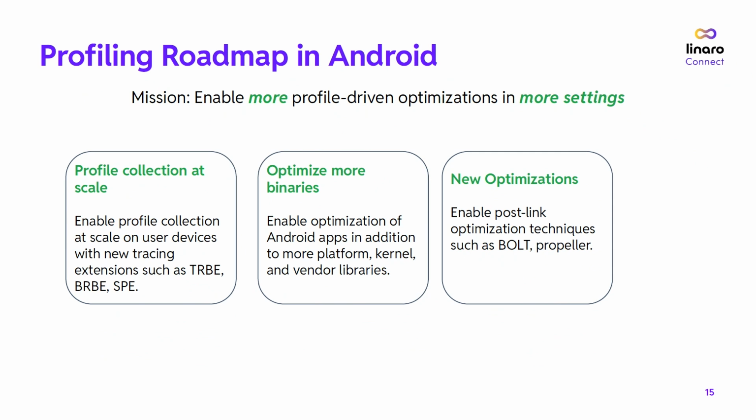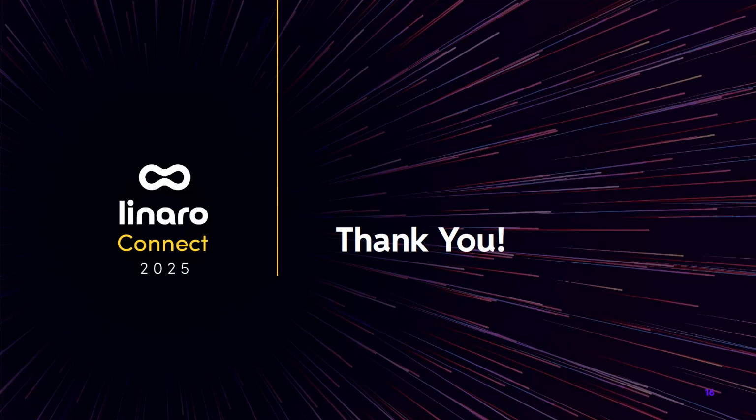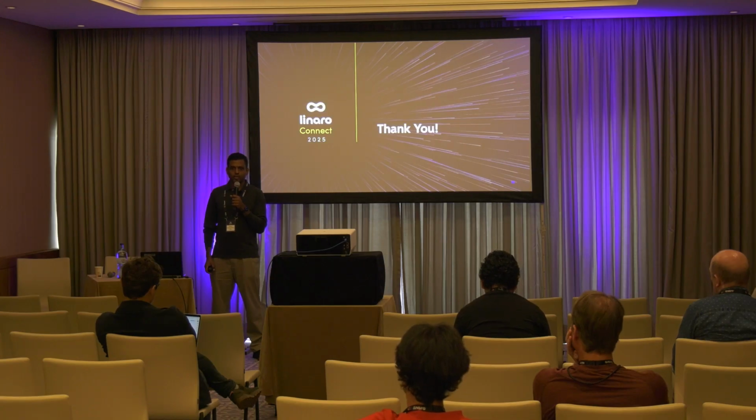In particular, games have a lot of native code that could benefit from AutoFDO. We would like to bridge the gap and optimize the rest of the Android platform, add more kernel modules to the mix, and also help vendors optimize their vendor libraries. And then the third pillar is to explore the newer post-link optimization techniques like Bolt and Propeller and see how they are relevant to Android. Yeah, so that's my overview for today, and I can take questions.